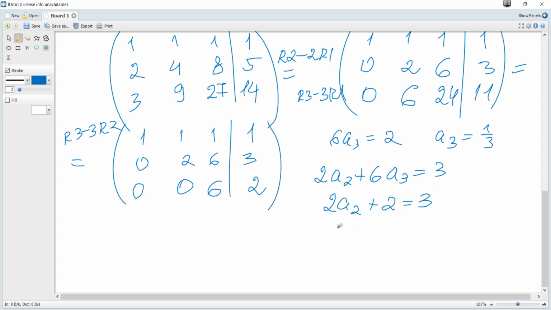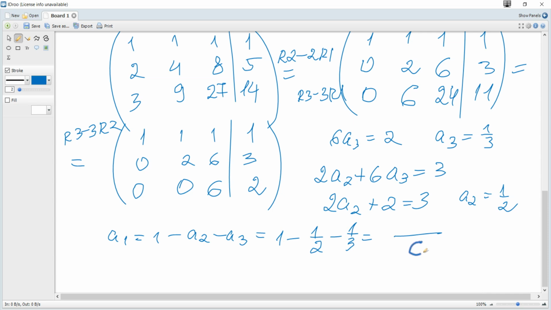So 2a2 is 1, so a2 is a half, and the first row a1 plus a2 plus a3 is 1, so a1 is 1 minus a2 minus a3, which is 1 minus a half minus 1/3. 6 is the common denominator, so it becomes 6 minus 3 minus 2, so it's 1/6. But it's not required here.